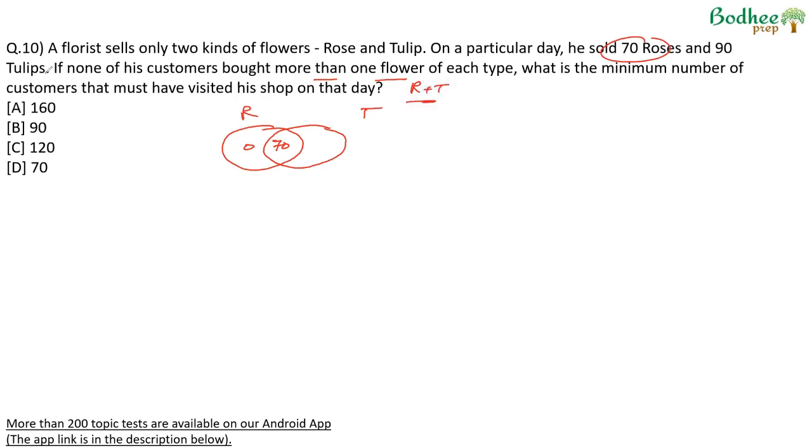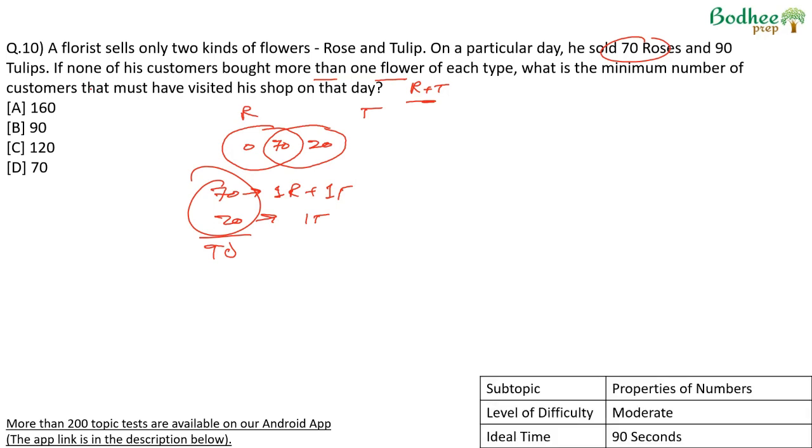So 70 of the tulips are done, which means 20 tulips are left. So there are 70 people who bought one rose plus one tulip, and there are 20 people who bought only one tulip, and therefore 90 people minimum are required to buy 70 roses and 90 tulips when none of them are buying more than one flower of each type.